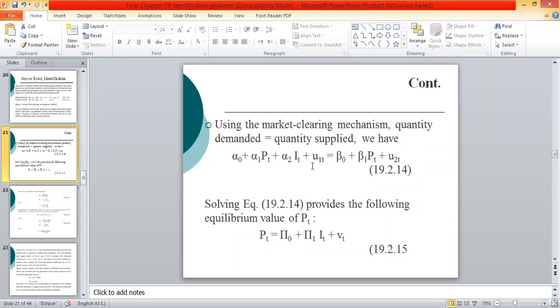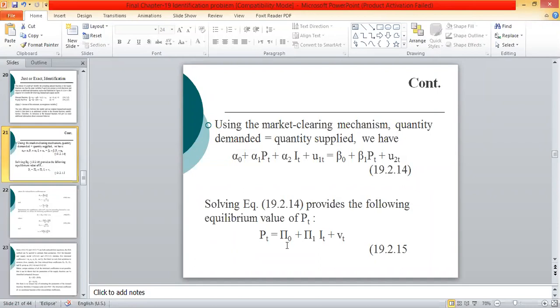I have placed the quantity demanded and quantity supplied equations into the equilibrium equation. So solving these two will provide us this reduced form. This is the first reduced form, that is the reduced form of price: price equal to pi naught plus pi 1 It plus Vt, where pi naught and pi 1 are the reduced form coefficients.